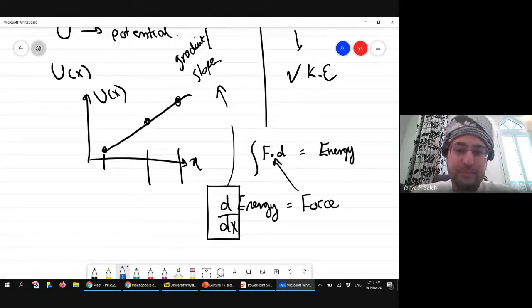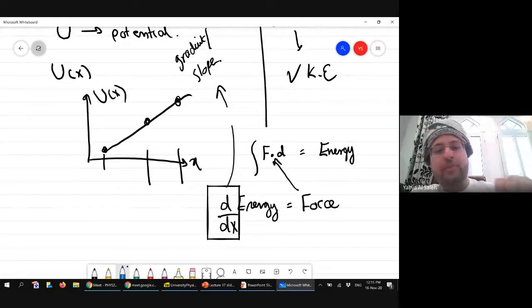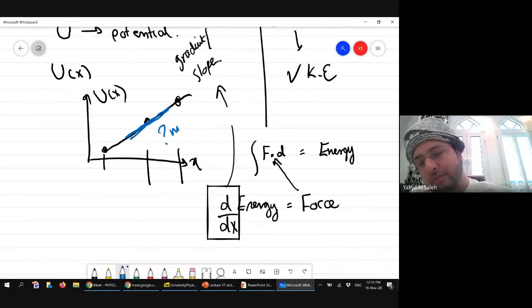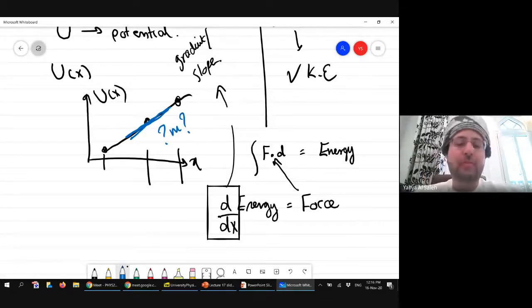So if I have a graph of U of x versus x, and I find what my slope here is, I know what my force is.